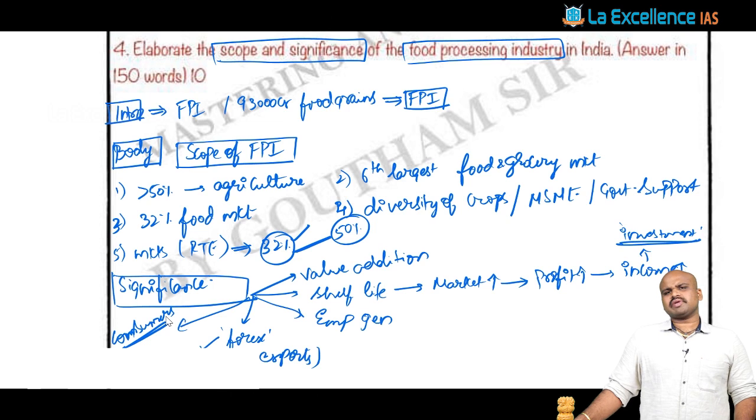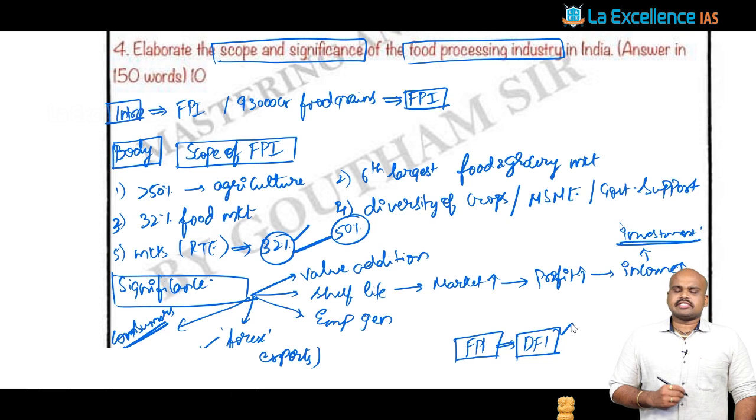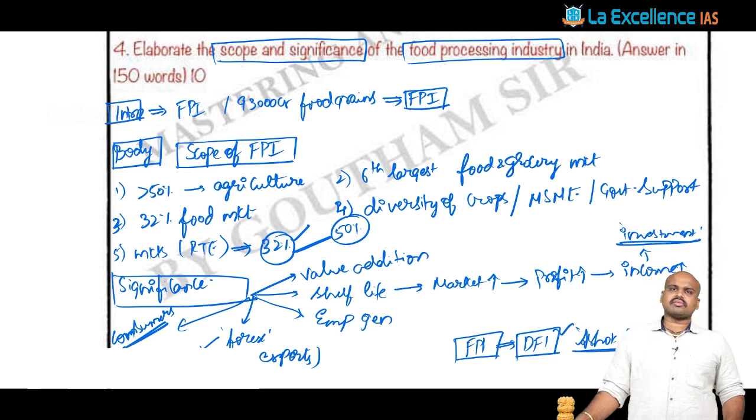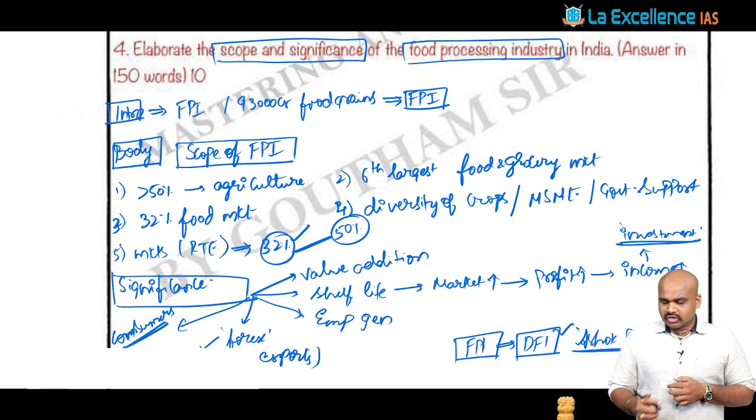And for a simple conclusion, the food processing industry is a key to doubling farmers' income, for the reason that the Ashok Dalwai committee categorically talked about measures for doubling farmers' income. So in that context, this becomes important.